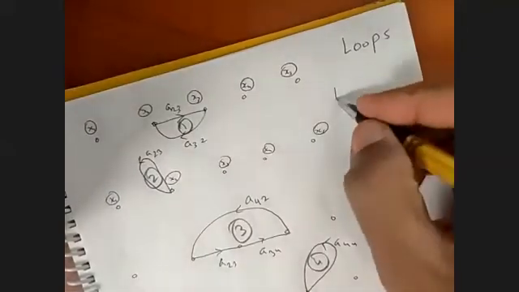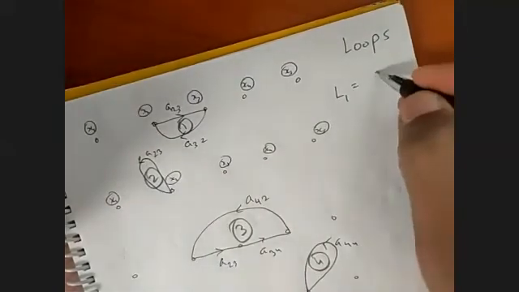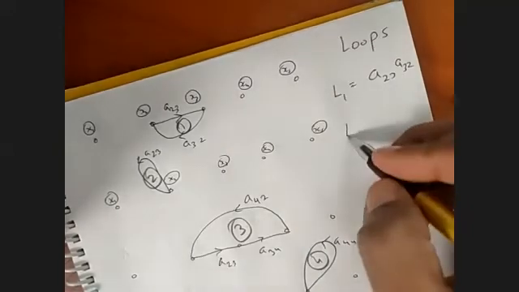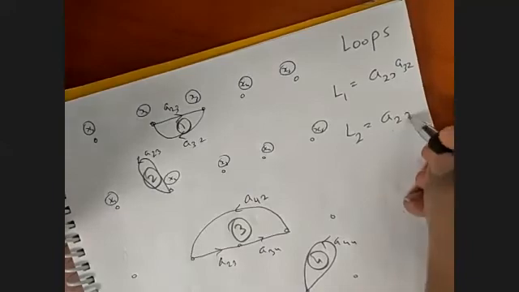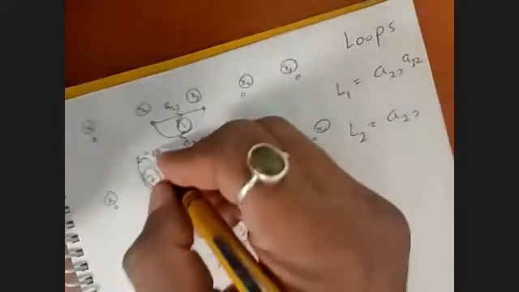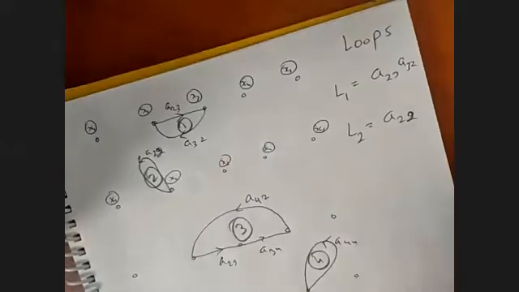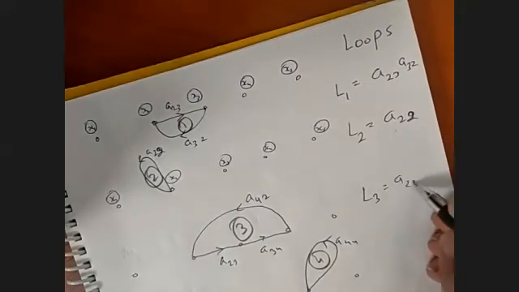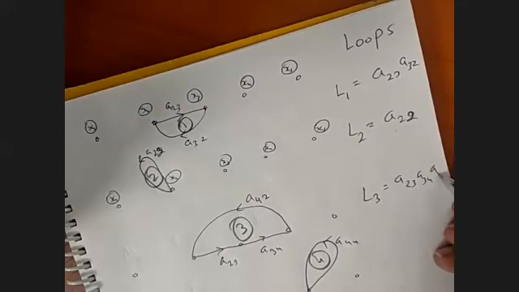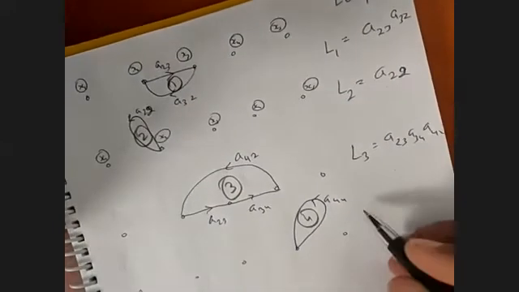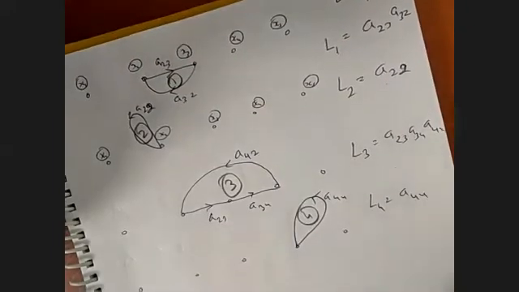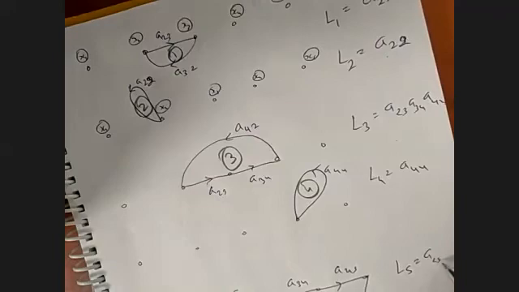So loop 1 gain L1 will be A23 and A32. L2 will be A22. Then L3 will be A23, A34 and A42. L4 is A44.